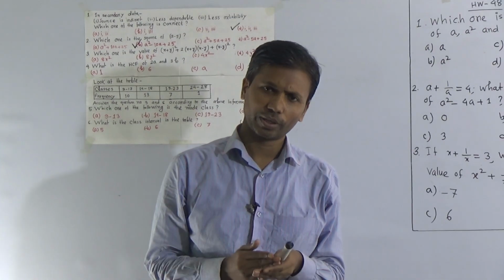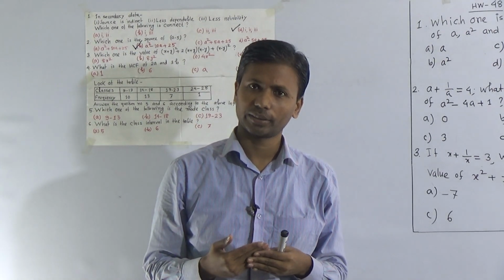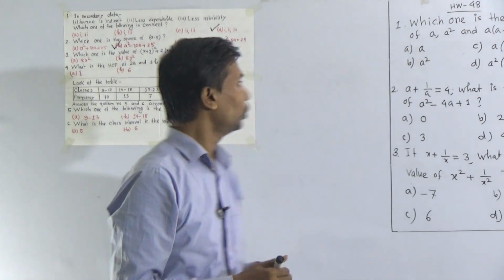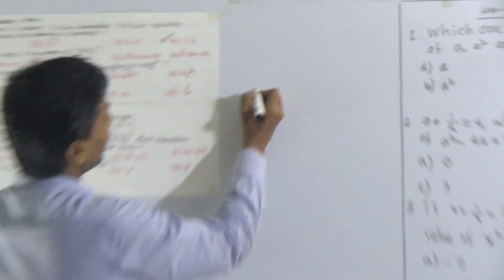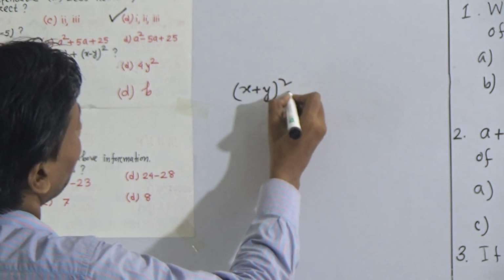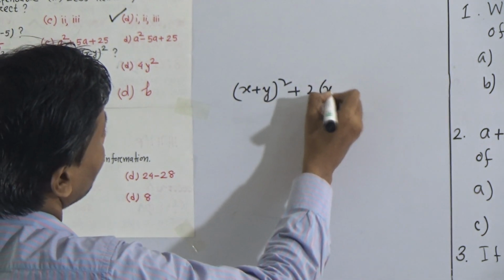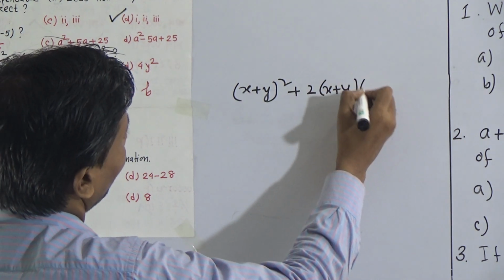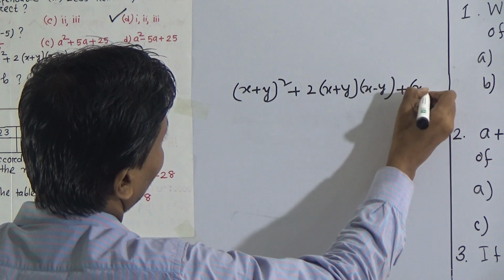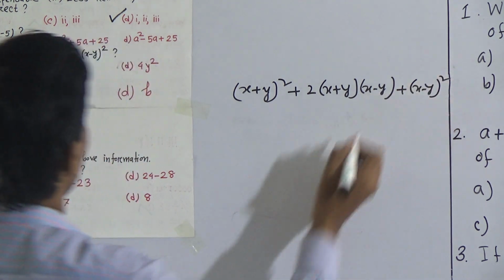A plus B whole square equals A square plus twice AB plus B square. Look, x plus y whole square plus 2 into x plus y into x minus y plus x minus y whole square.